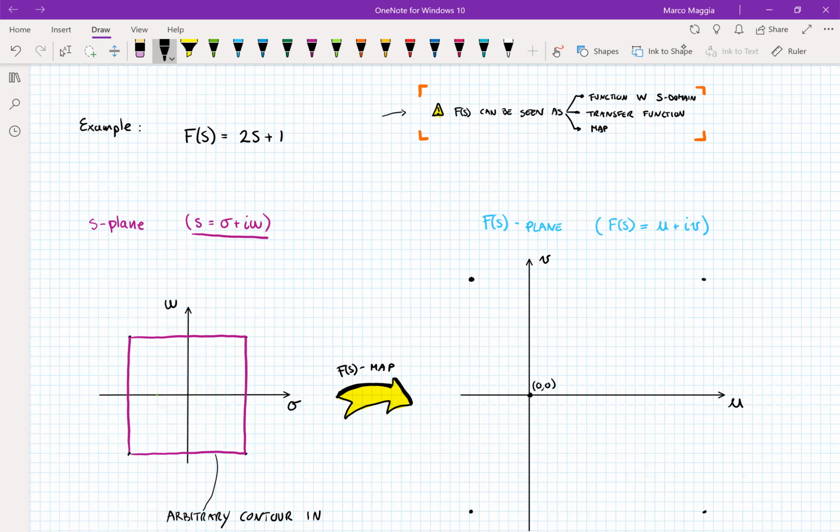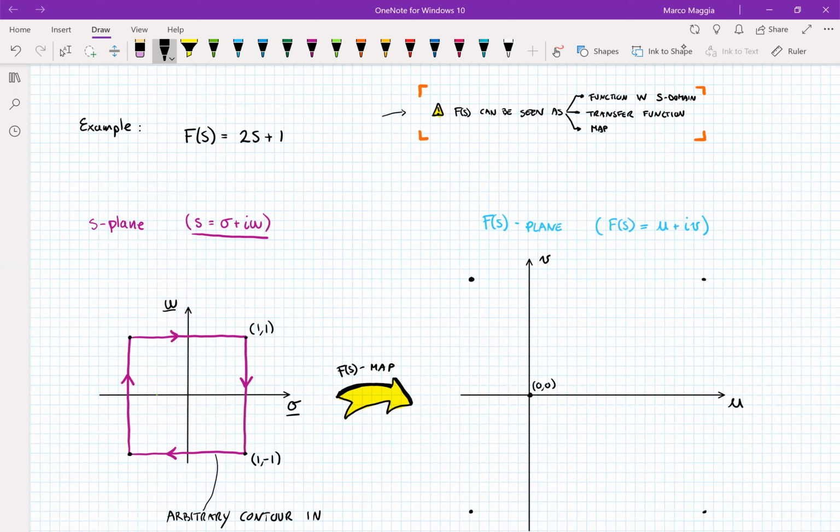So our real axis is sigma and our imaginary or y-axis is omega. And also we give a direction of circulation for this contour. So we're going to go around this line in, let's say, a clockwise direction. Here, for simplicity, I drew it as a square.